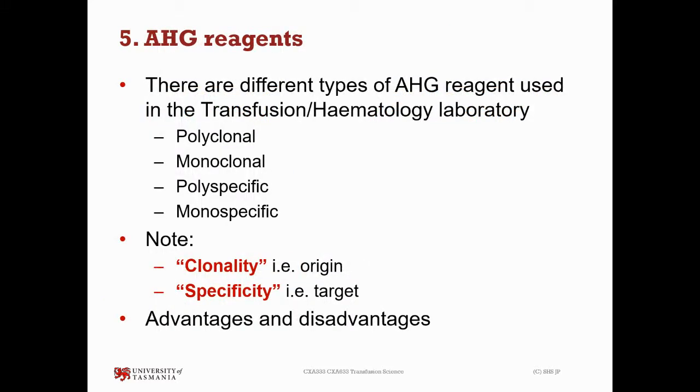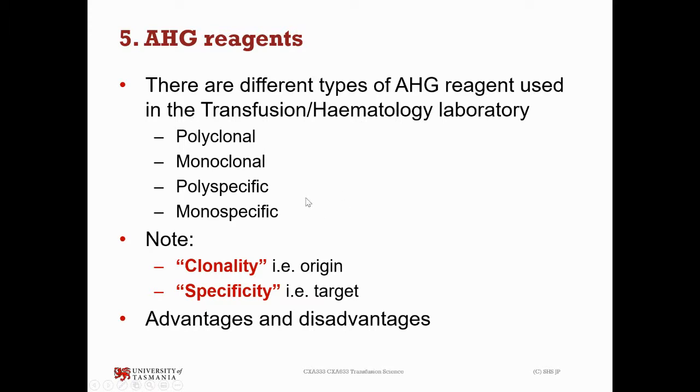Okay, so there are different types of reagents used in the transfusion laboratory. So you can have polyclonal, monoclonal, polyspecific, and monospecific reagents. When we're talking about the clonality of a reagent, that is the origin, so that's how it's made.